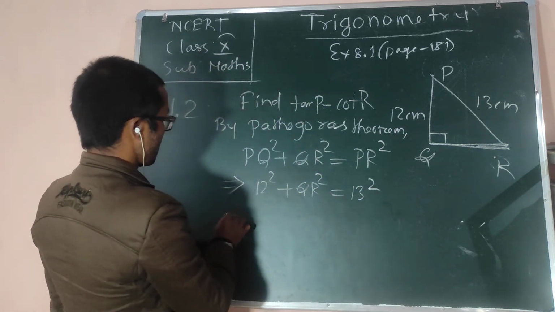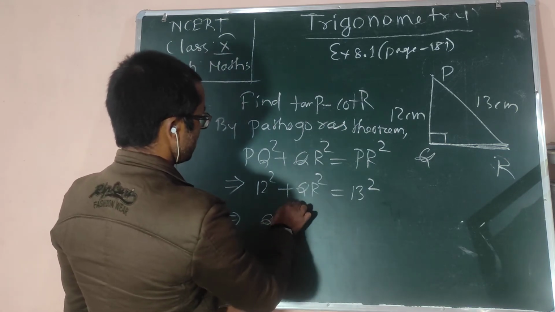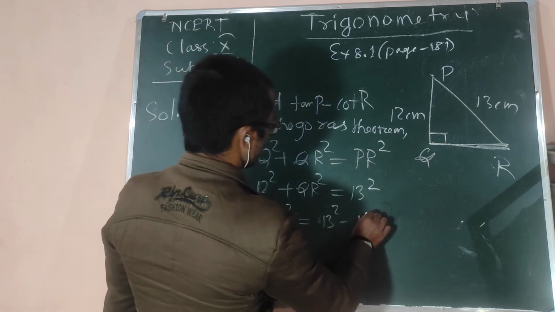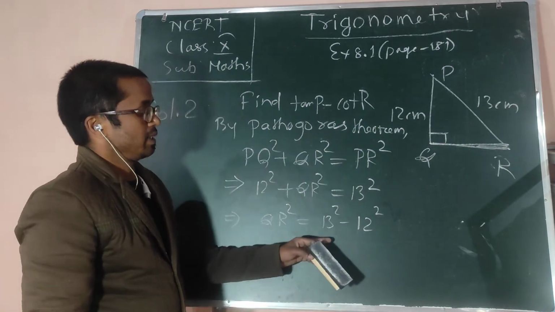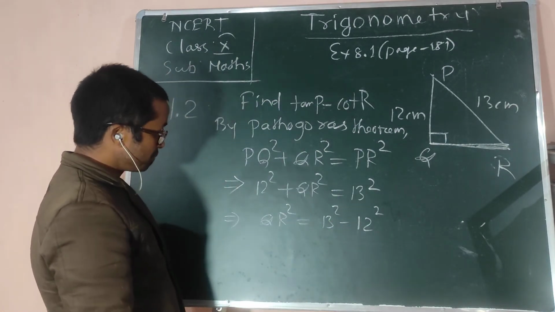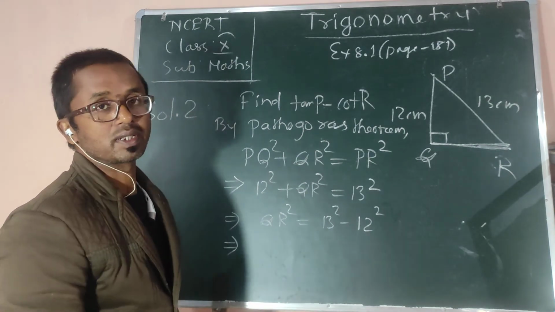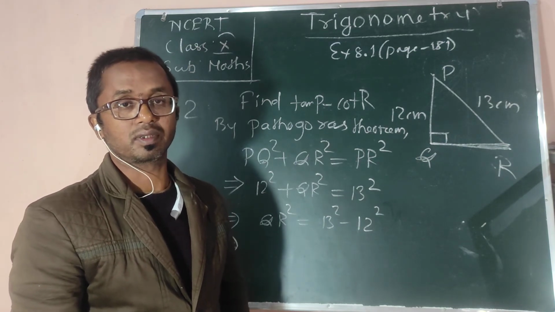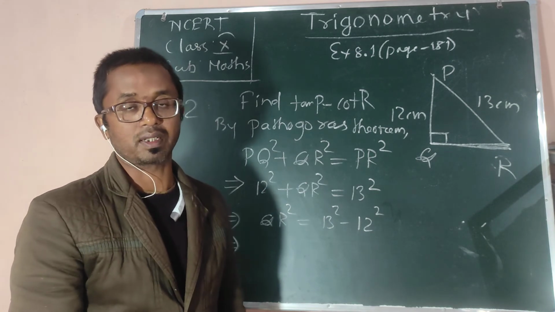So here QR square is equal to 13 square minus 12 square. You can find this out easily by using a square minus b square equal to a plus b times a minus b, or directly doing squares. One thing, dear students, squares up to 30 you have to keep in mind by heart, or by practice it will be automatically fixed in your mind.